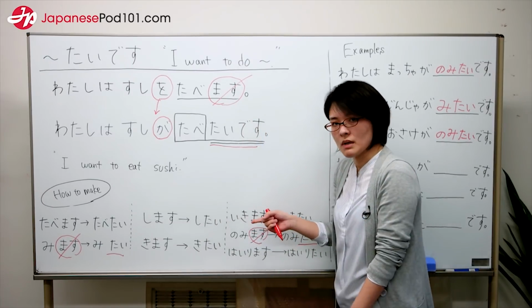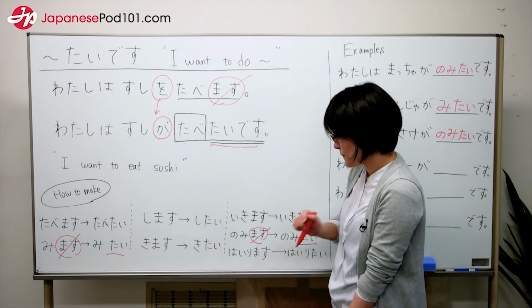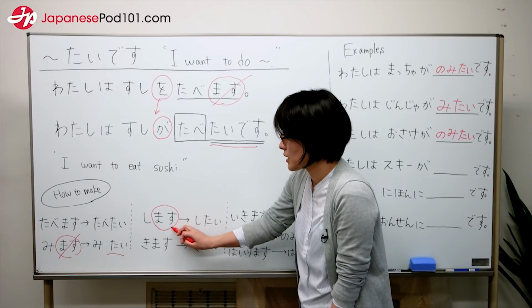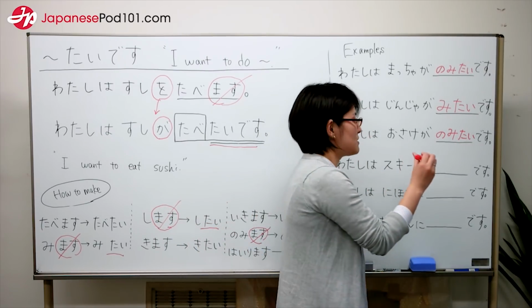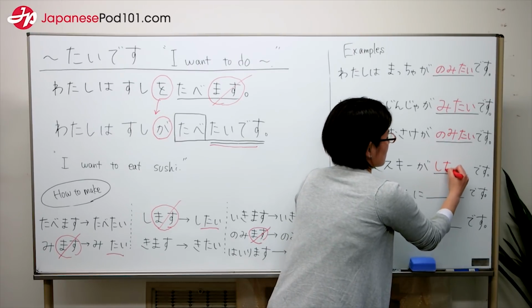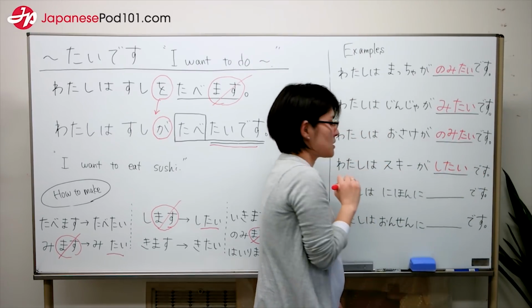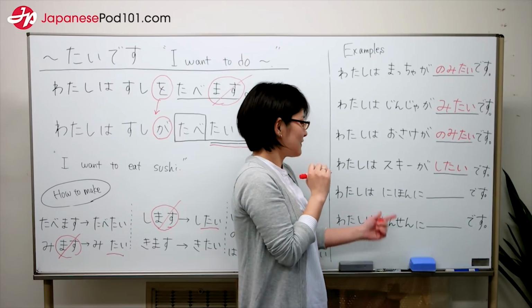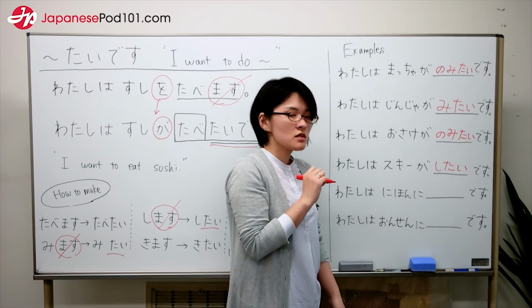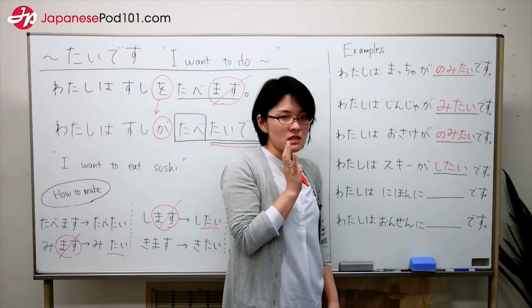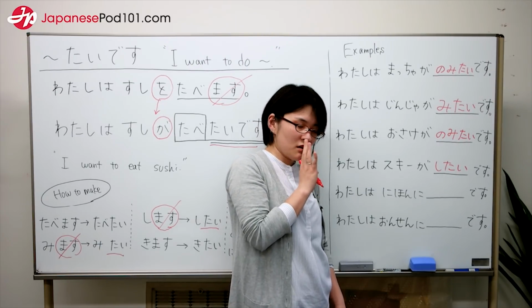So can you find します here? Maybe this one. So get rid of ます and then add たい here. So you get したいです altogether. 私はスキーがしたいです. In Japan, Hokkaido's Niseko is really famous for skiing.